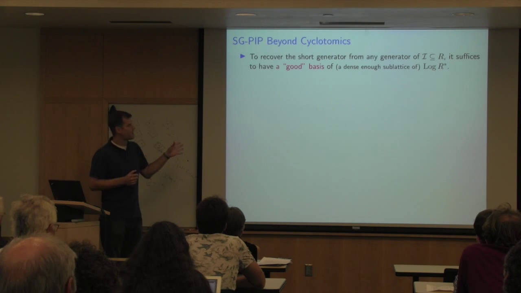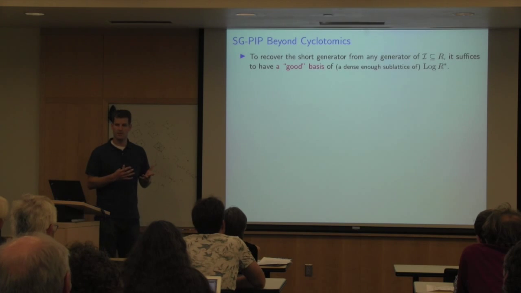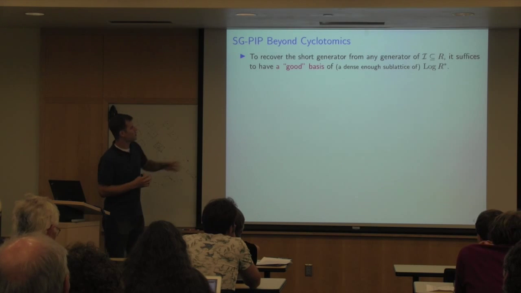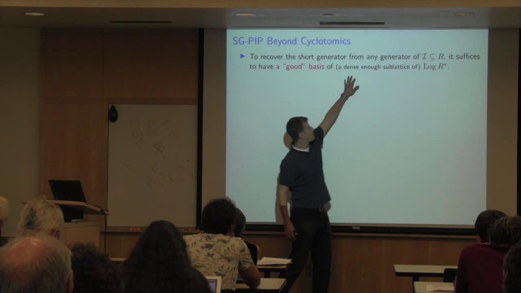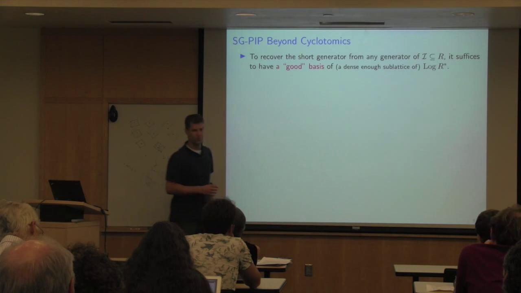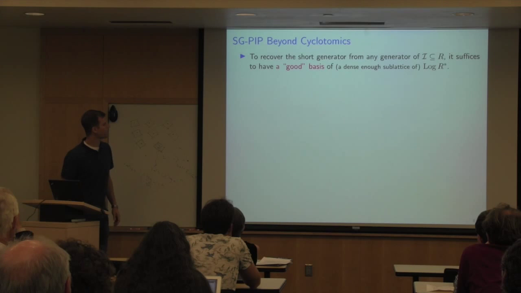And it need not even be a basis. It's good enough if it generates a dense enough sublattice of log R star. So we actually used the fact that we might not have an exact basis, but the index was conjectured to be very small. So that was good enough for us.